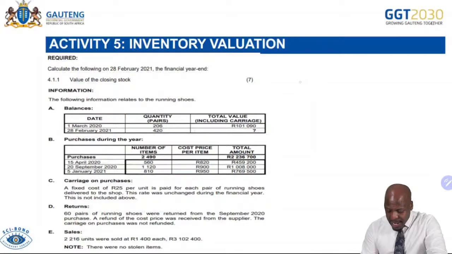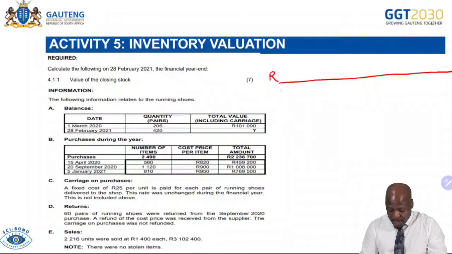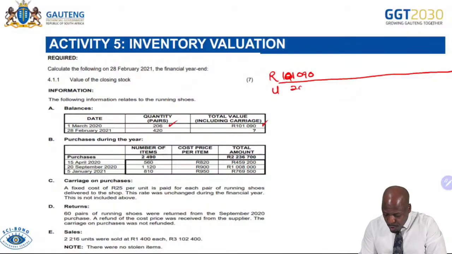When you are doing your weighted average, it is very important that you understand that at the top you have your rand, others call it the value or the rands. At the bottom you have your units, or your number of units. So we're going to now say the opening stock, which is 101,090. So I'm going to come here. It's going to be 101,090, and the units is 206.